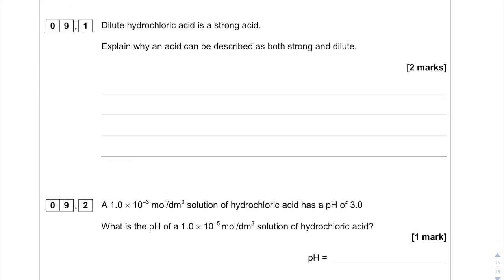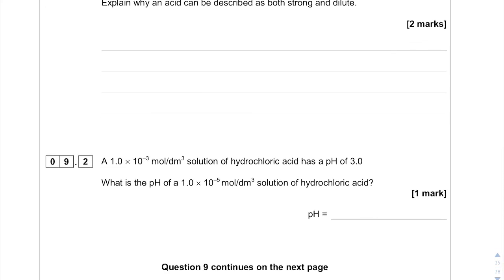Right, question 9, this is the final question of the paper. This question is about acids and alkalis, so acid-base reactions. Dilute hydrochloric acid is a strong acid. So basically this is explaining what dilute and strong mean.